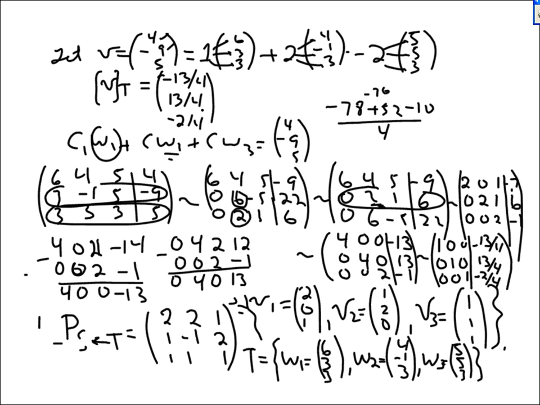This is negative 26 minus 10, which is negative 36 over 4, which is negative 9.